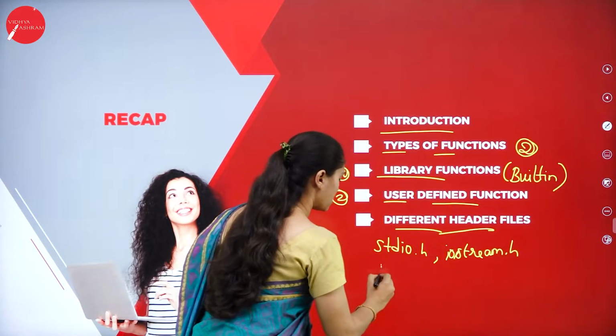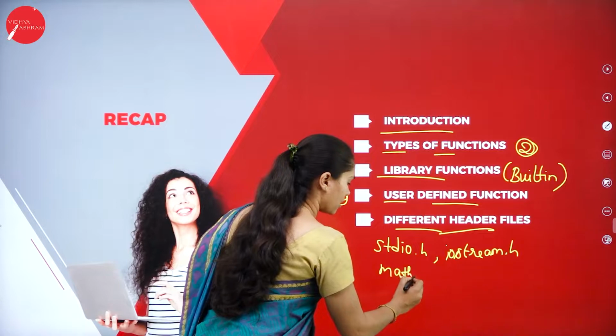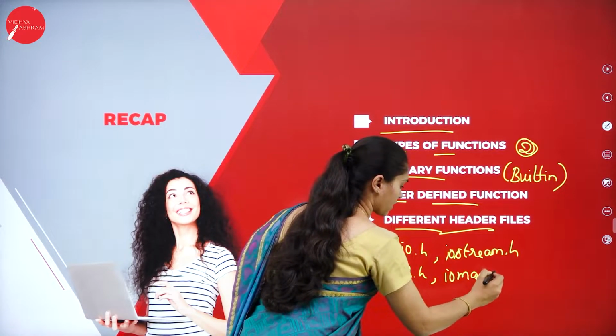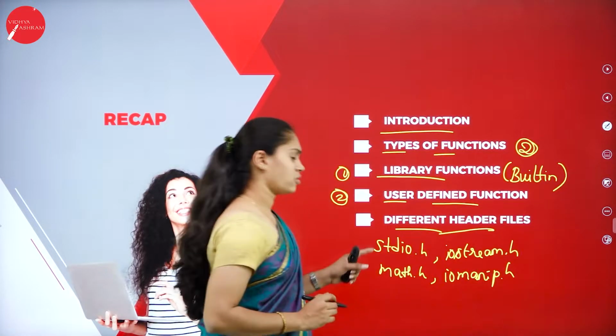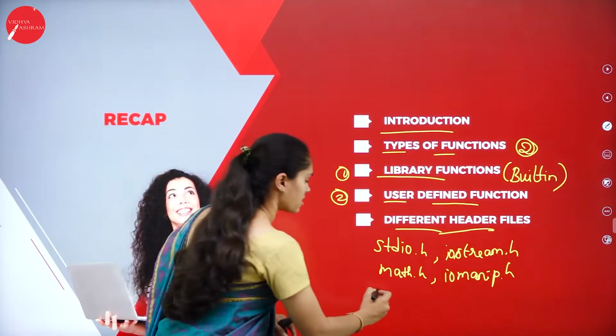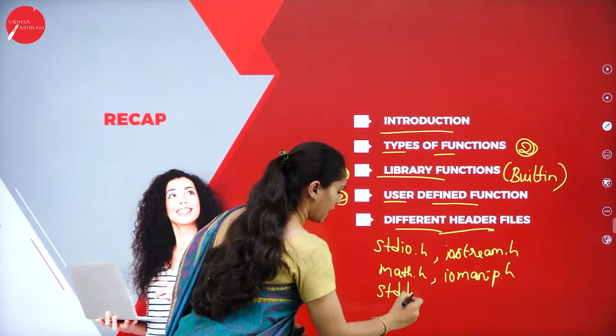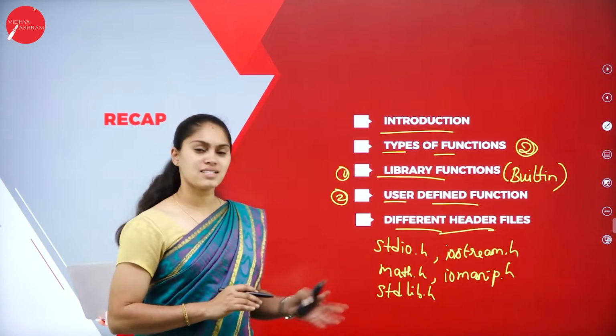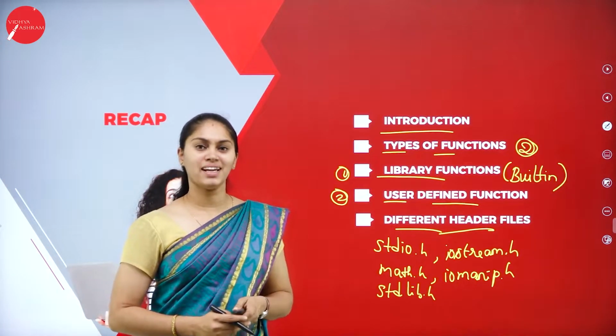Then we discussed math.h and iomanip.h. So standard input output, and we discussed stdlib, that is the standard library functions. These are some of the header files that I discussed in my last session.